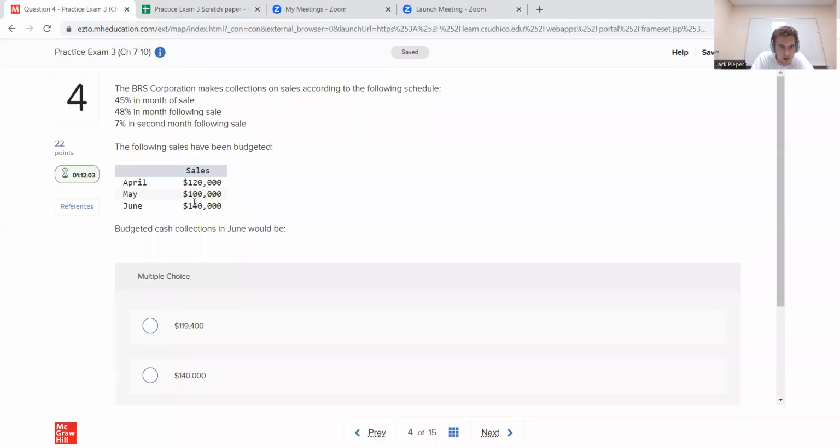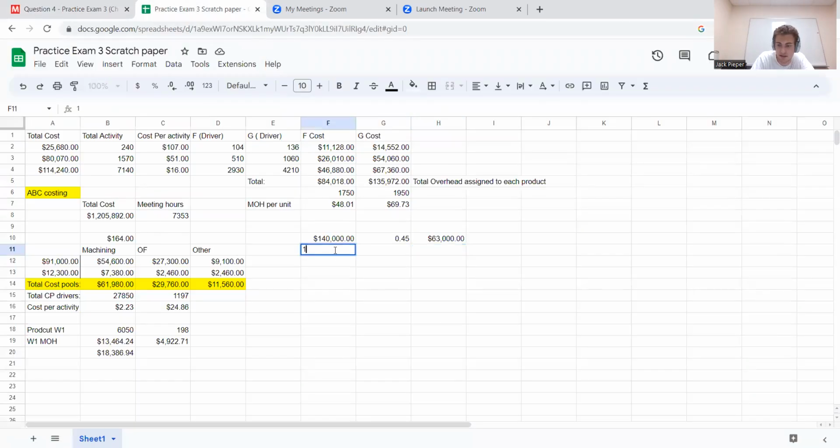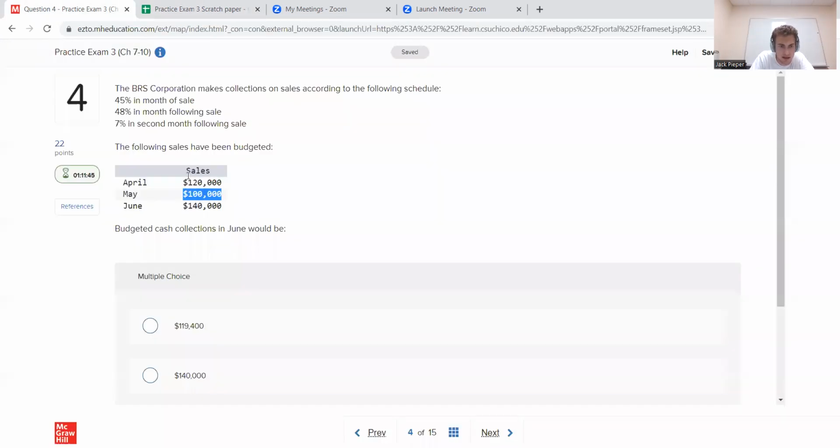We get 63,000. We're also collecting 48% of our May sales, so 100,000 times 0.48. And the last one, April: we're collecting 7% in the second month following sales. April, May, June, second month.